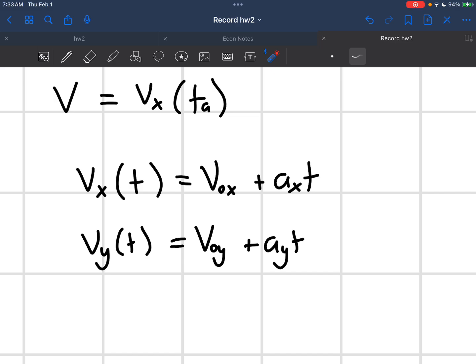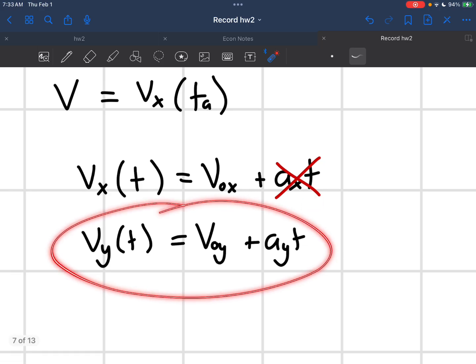But we made one little lapse. My acceleration in the x direction is 0. So this whole term goes to 0, and it doesn't matter what time it is, my x velocity is just the initial x velocity.